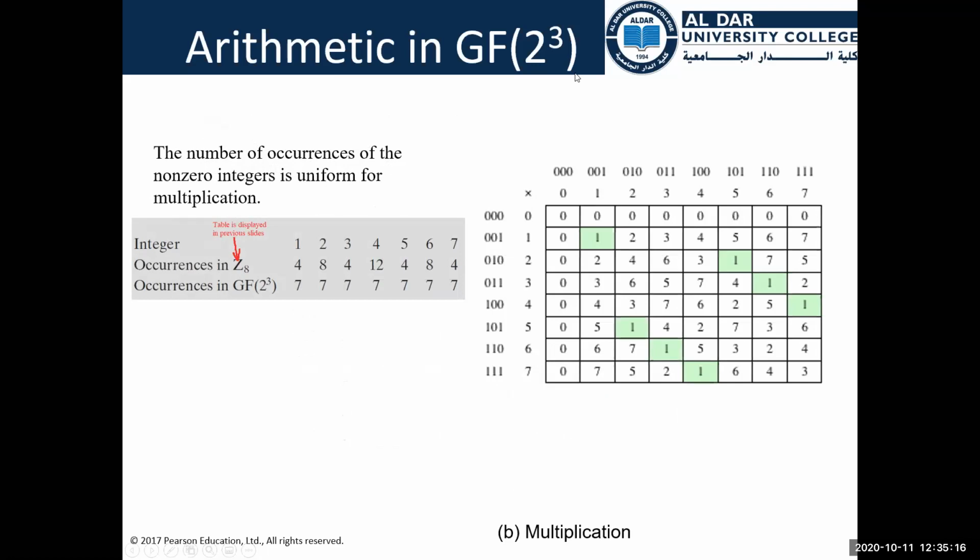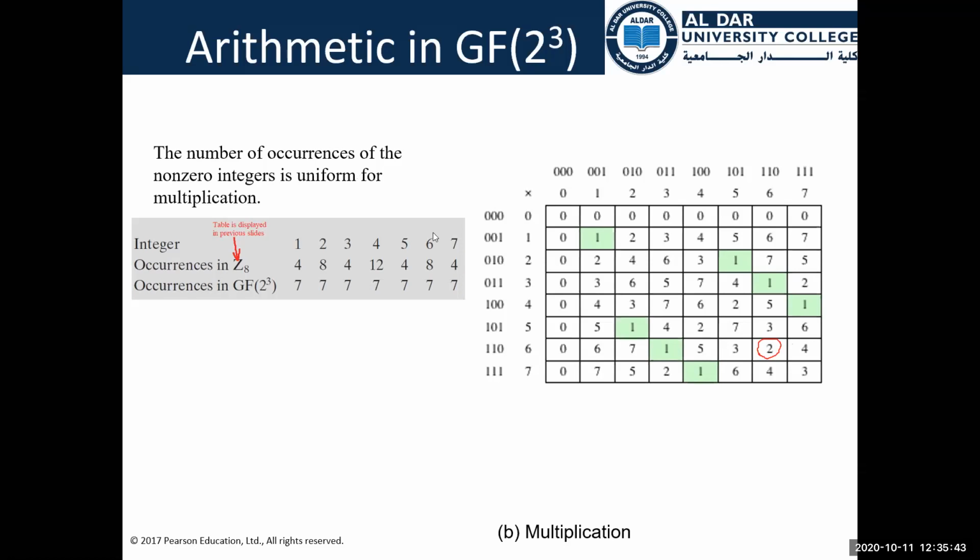Let's take this one. Concentrate on this one and I will open the camera and show you how to do multiplication. After this example, you will understand how GF of 2 and GF of 2 to the power 3 are working.